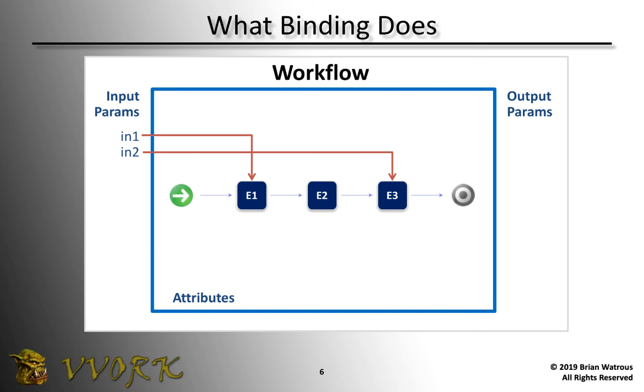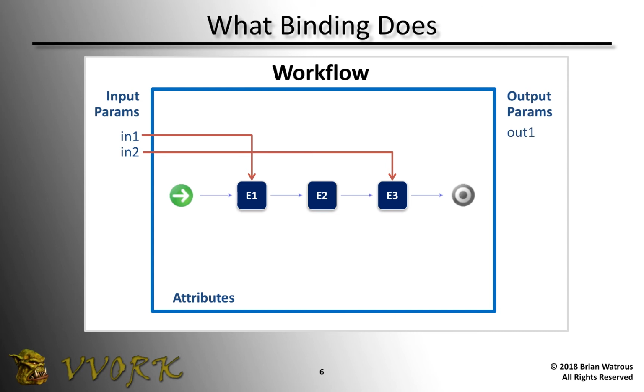So if we set up inward bindings from our input parameters into some variable in the schema elements, then we'll be able to access the value of our input parameters from within those schema elements, provided we use the local variables that we set up in the binding.